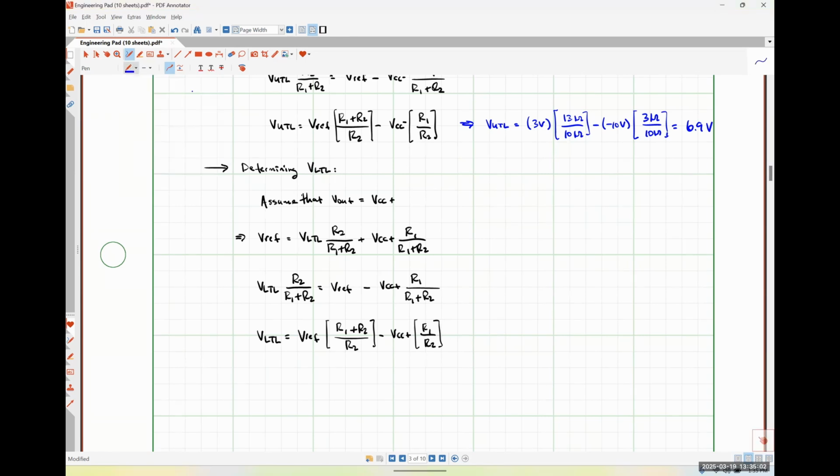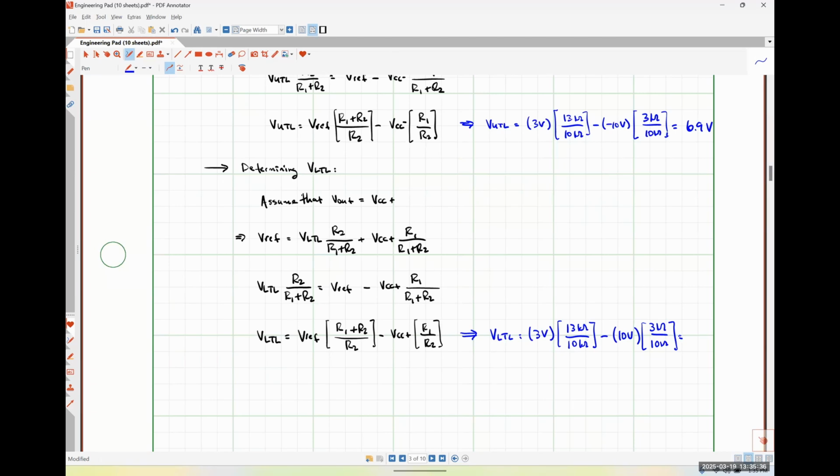And just for the sake of argument here, let's calculate this. VLTL, sorry, would then be 3 volts times 13 kiloohms over 10 kiloohms, minus positive 10 volts times 3 kiloohms over 10 kiloohms.